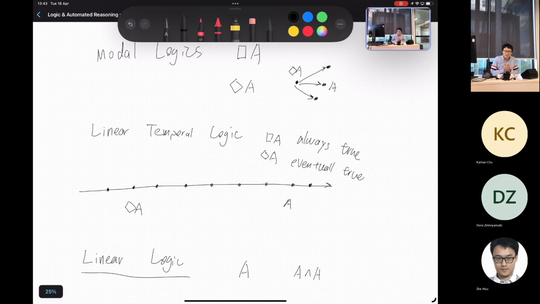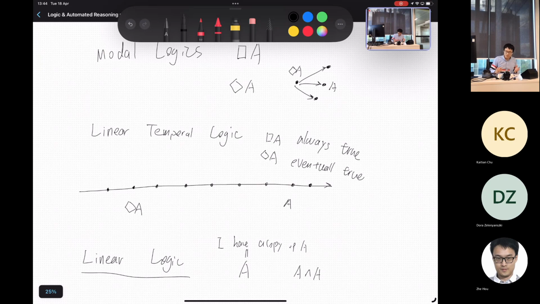What if we interpret A as "I have a copy of A"? Then suddenly just because A is true doesn't mean A and A is true. Just because you have one copy of A doesn't mean you have two copies of A. So suddenly you need something more than classical logic to reason about these kinds of things.